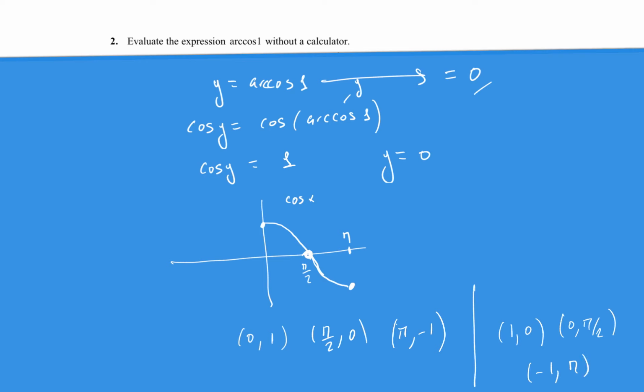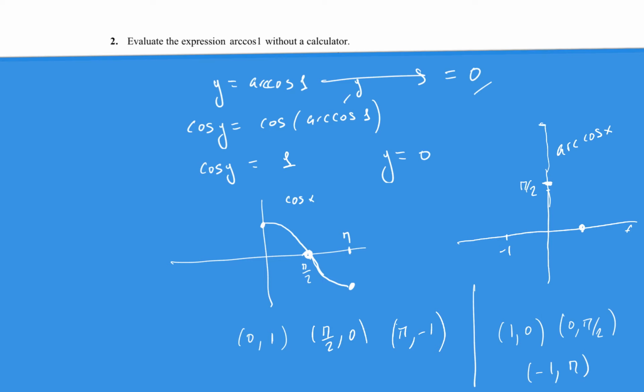Let's represent the inverse function, the inverse of cosine of x, arccosine of x. So this is the x. When x equals 1, y equals 0. When x equals 0, y is pi divided by 2. Pi divided by 2 is bigger than 1. And when x equals minus 1, y is pi.